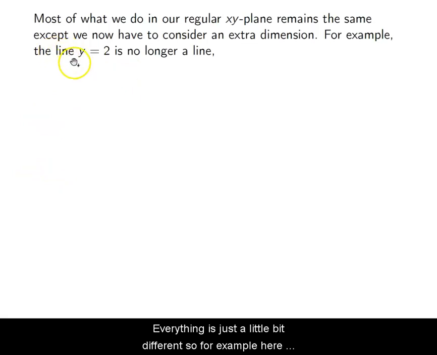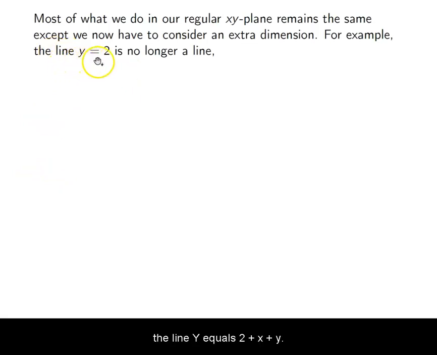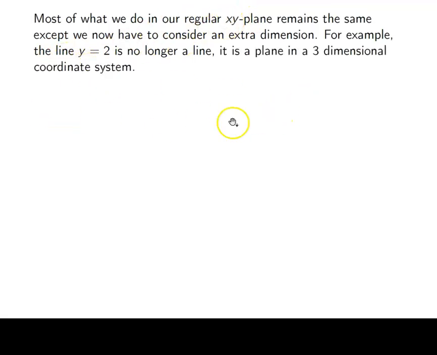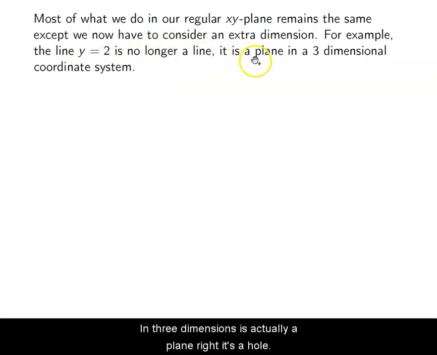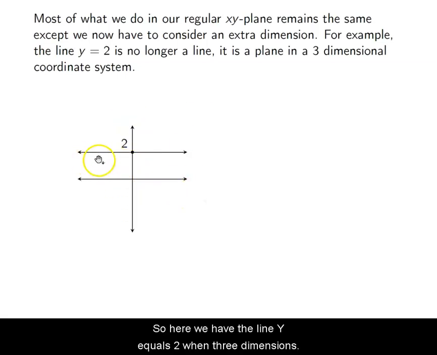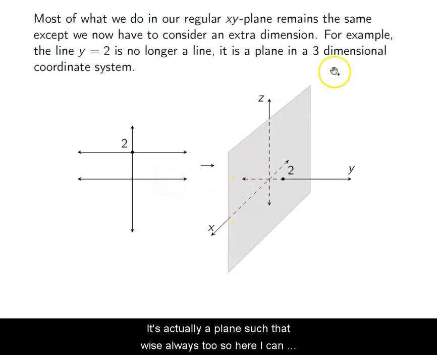Okay, so for example here, the line y equals 2 in x and y is a line, right? y equals 2 is a constant line that moves left and right. In 3 dimensions, it's actually a plane, right? It's a whole xy sort of equivalent, but it's at the value where y is always 2.